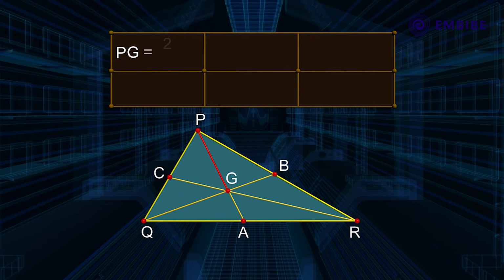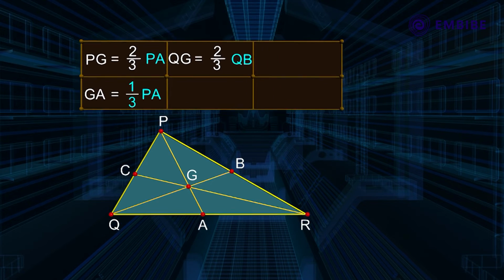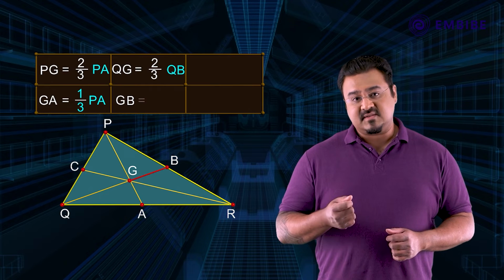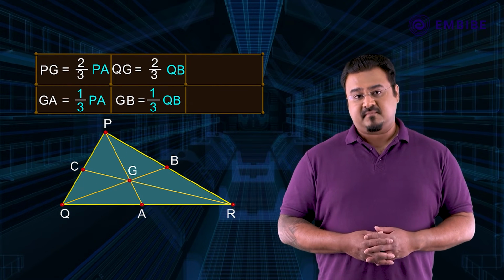PG is equal to 2/3 PA, so that GA is equal to 1/3 PA. QG is equal to 2/3 QB, so that GB is equal to 1/3 QB.